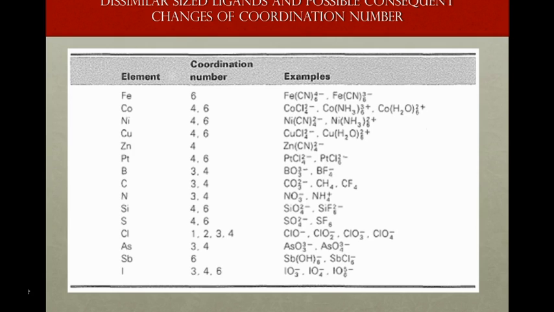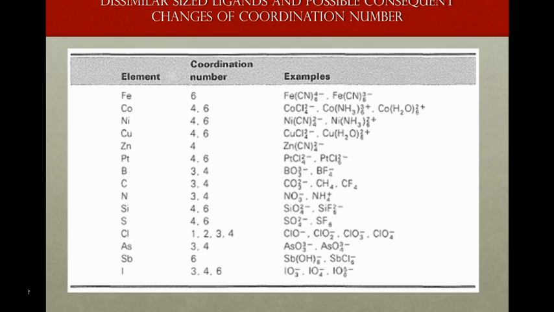As you look down the list of coordination numbers, you'll see that chloride is one where we can have a very small coordination number. The majority of other ligands are in the 3, 4, and 6 category, with 4 and 6 predominating.